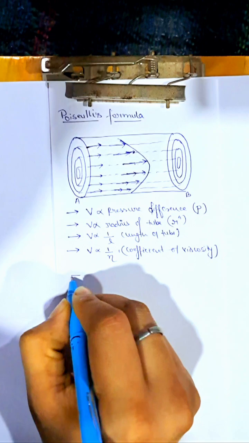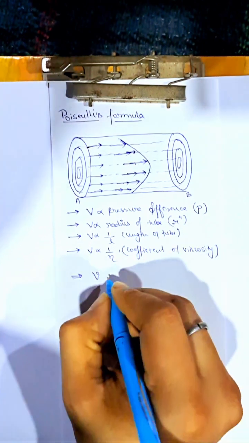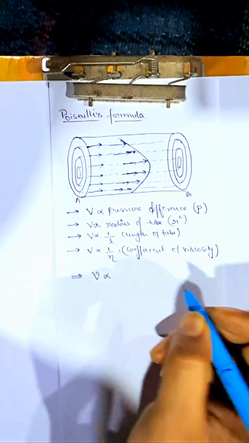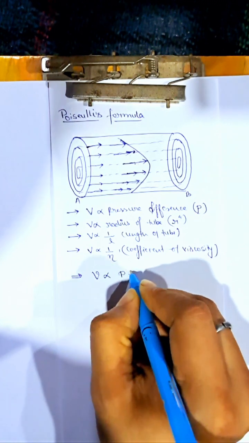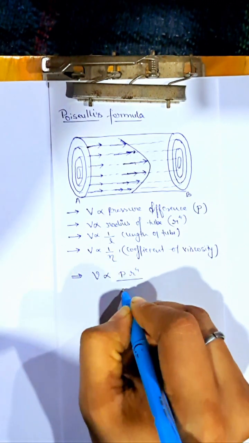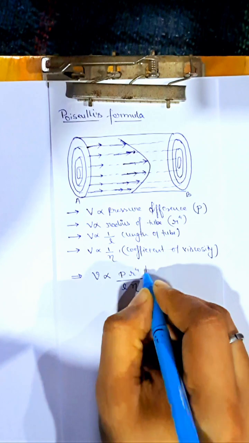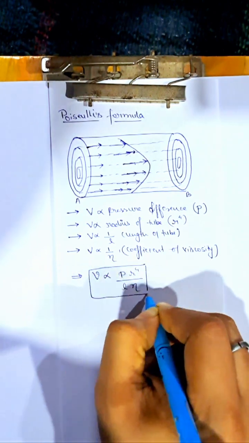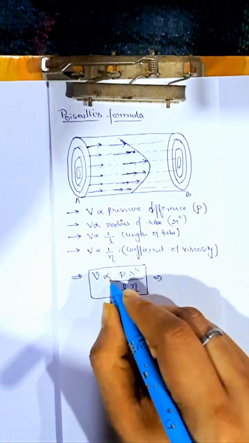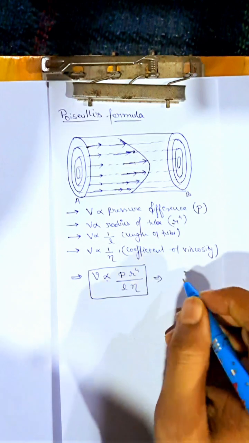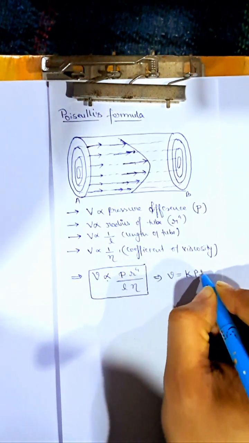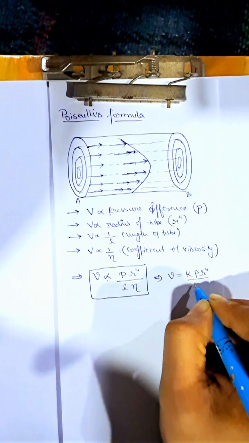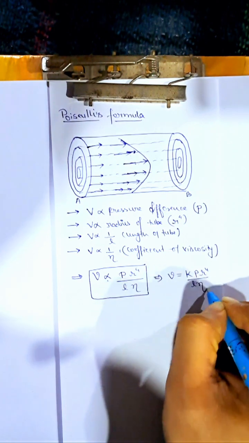So combining all this, we come to the result that velocity is proportional to P R^4 / (L eta). If the proportionality symbol is removed, we get K P R^4 / (L eta).